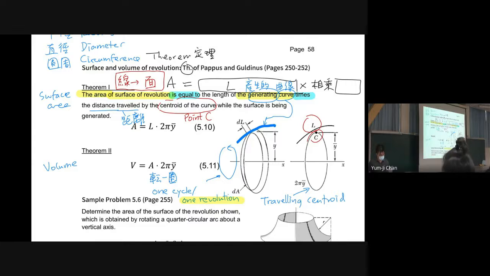And there is another theorem that goes from area to volume.